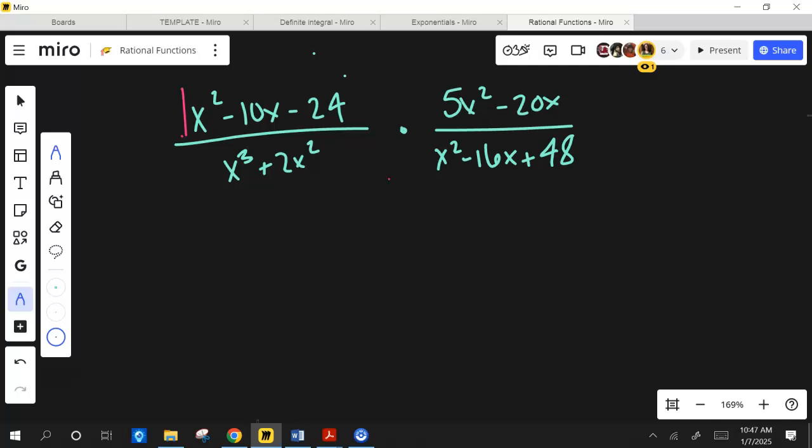In other words, what multiplies to negative 24 but adds to negative 10? Negative 12 and positive 2. So the top factors to x minus 12, x plus 2.